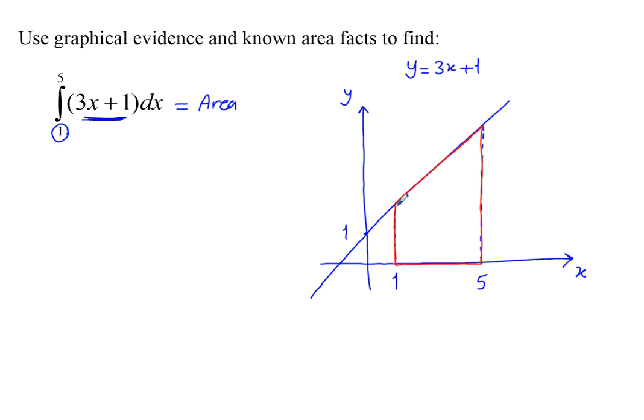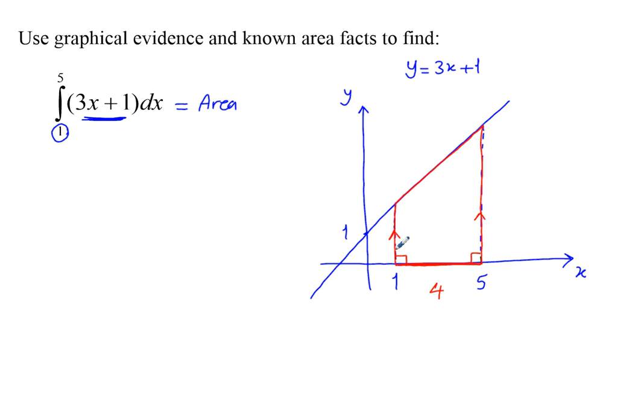Now, this here is a trapezium, and it's got two parallel sides. These are the two parallel bases, and this would be the height of the trapezium. Since this is from 1 to 5, this length would be 4 units.